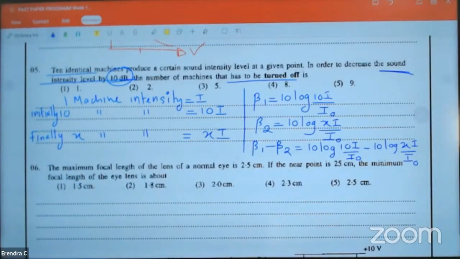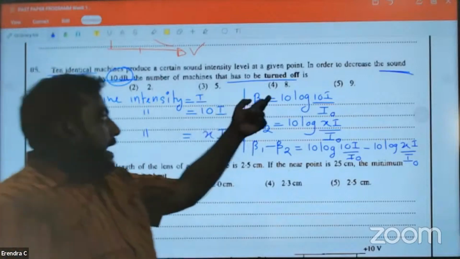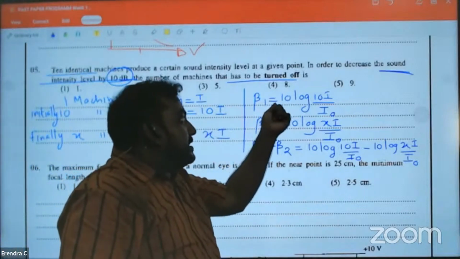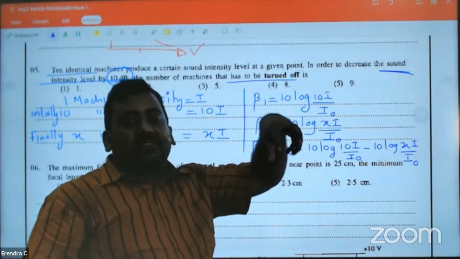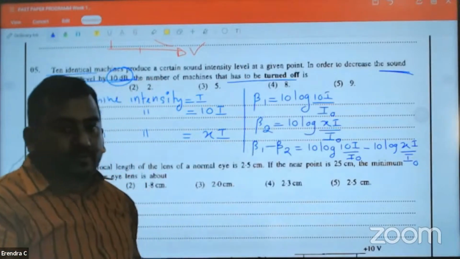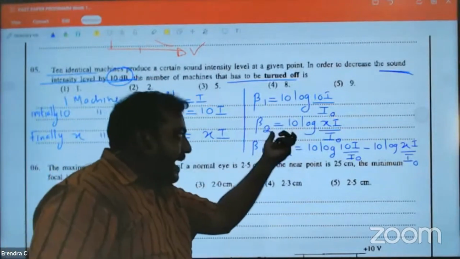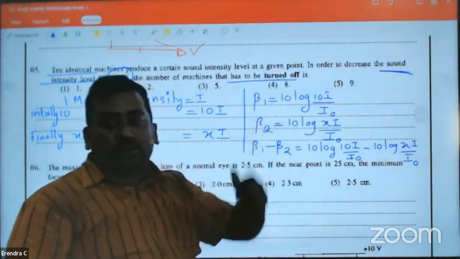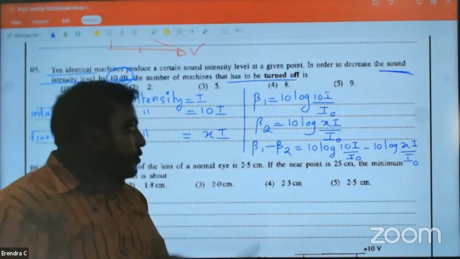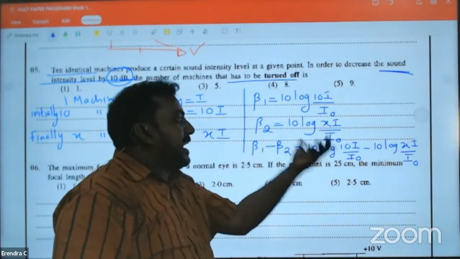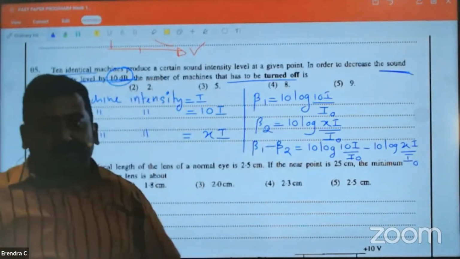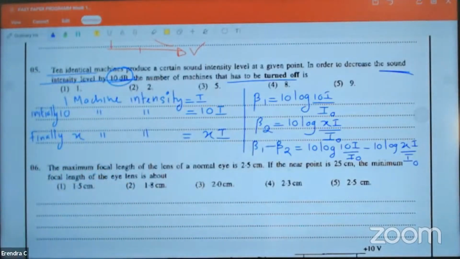Now initial beta is 10 log 10I over I naught. What is I naught? Threshold of hearing. What is beta 2? 10 log XI over I naught. So the difference here is 10 decibels. Clear?